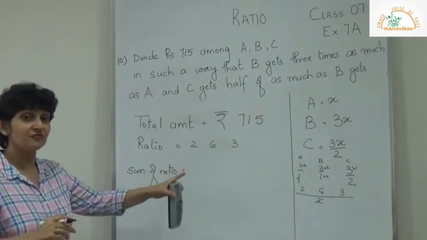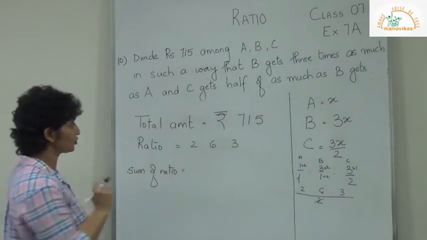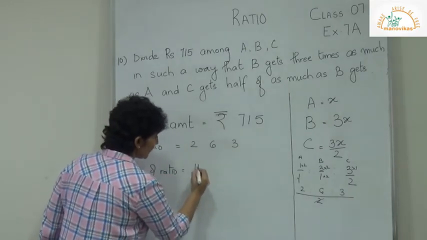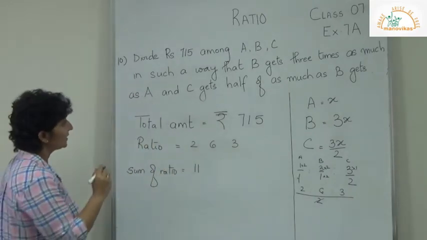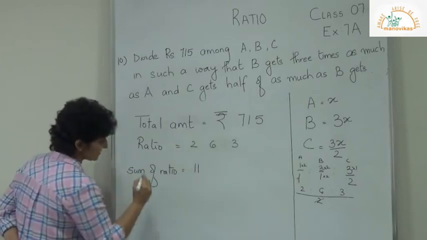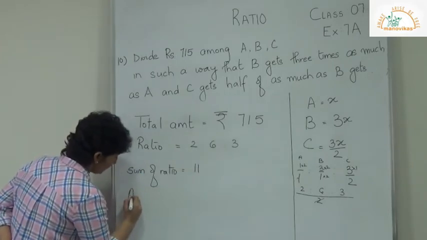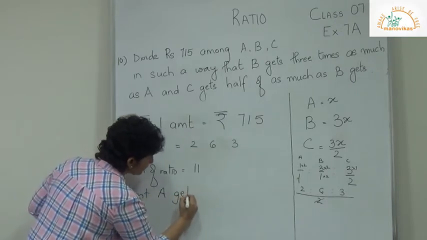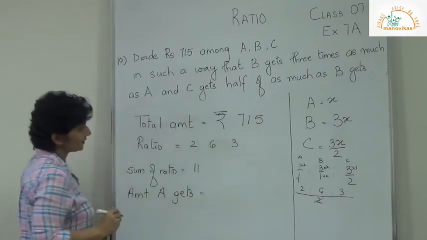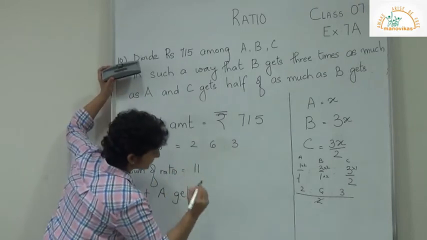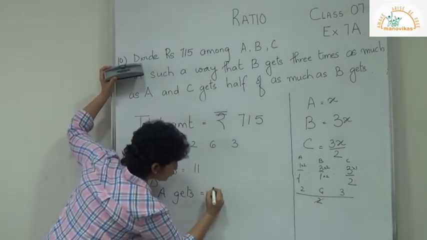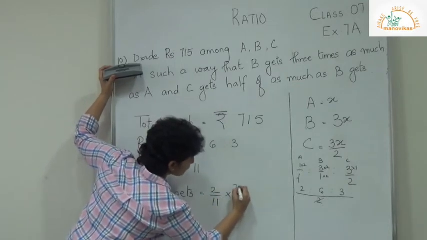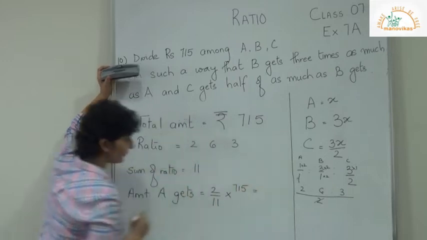Alright. Now the sum of the ratio, or total ratio. What is that? 6 plus 3 is 9. 9 plus 2, 11. Alright. Now let's see what each one gets. The amount A gets, how do we find out? We had discussed this yesterday also. 2 upon 11 into 715.